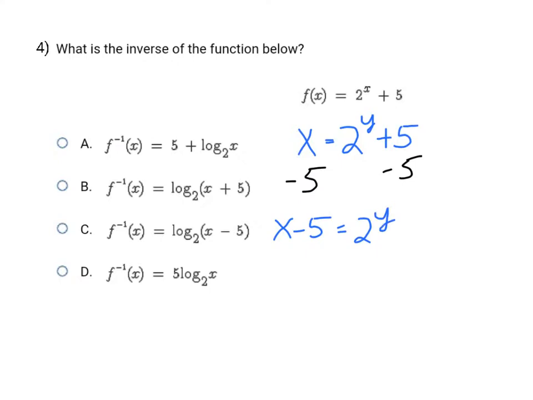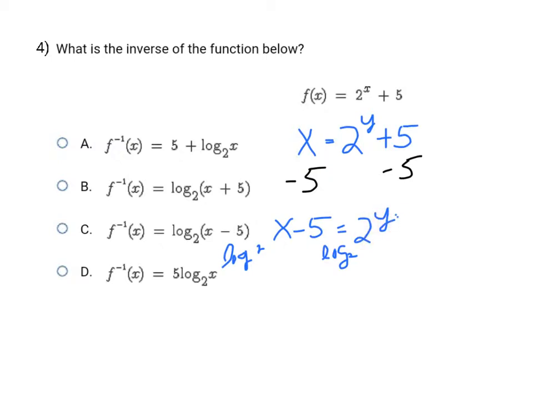And then we're going to go over more how to solve for exponents that are variables in the next couple of problems. But the first thing I'm going to have to do here to get this y is take both sides to the logarithm of base 2. And I choose base 2 because the base in my exponent here is 2.